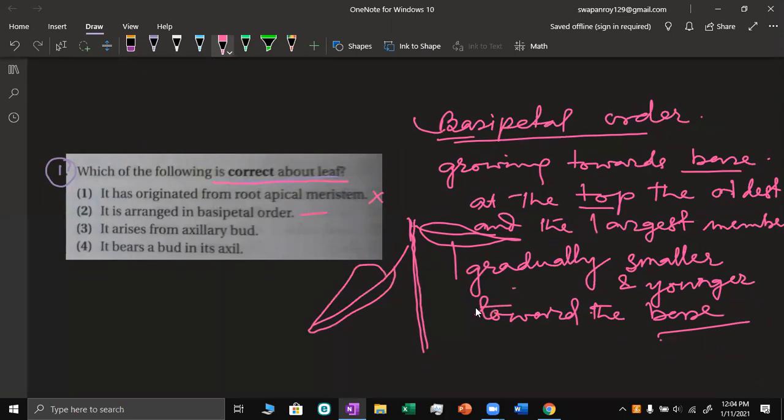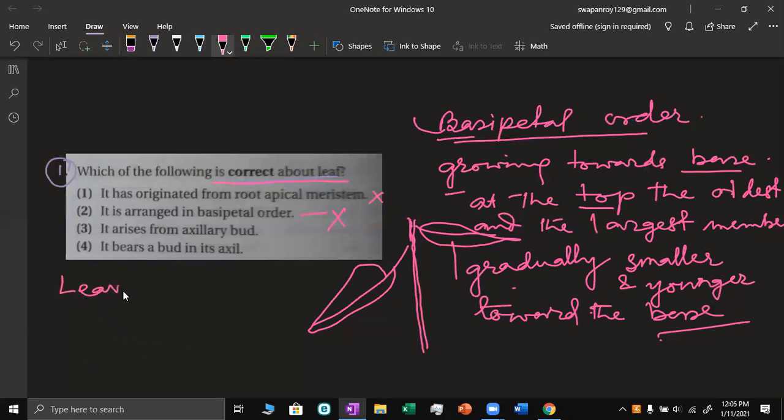Hello, please respond. This is not the correct one, because the leaves are not arranged in basipetal order. Leaves are arranged in acropetal order.